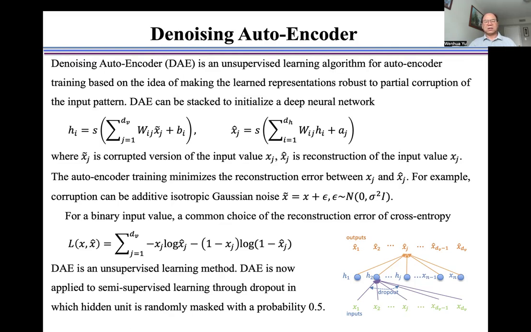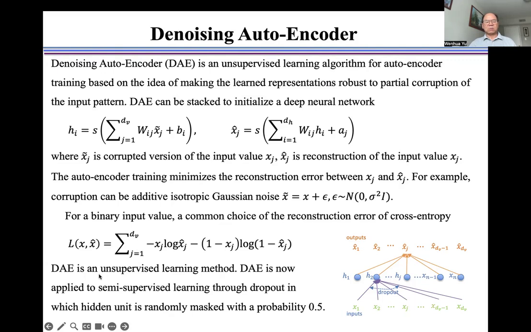The autoencoder training minimizes the reconstruction error between x and x caret. For example, corruption can be additive isotropic Gaussian noise, as shown here, where epsilon is sampled from a normal distribution. For binary input values, a common choice of the reconstruction error is cross-entropy, in this formulation.